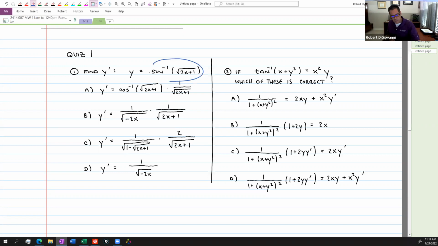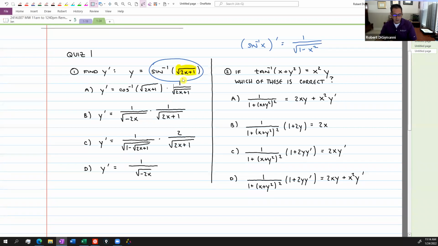On the first one, we're using the fact that if you take the derivative of sine inverse of x, the derivative is 1 over the square root of 1 minus x squared. And so for us here, the x is actually all this stuff in yellow.